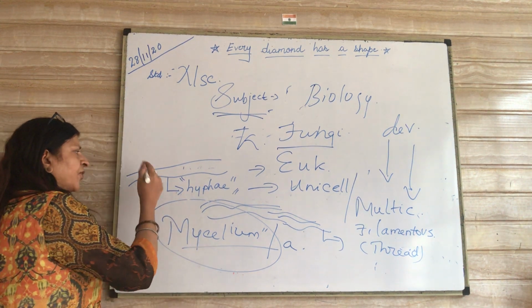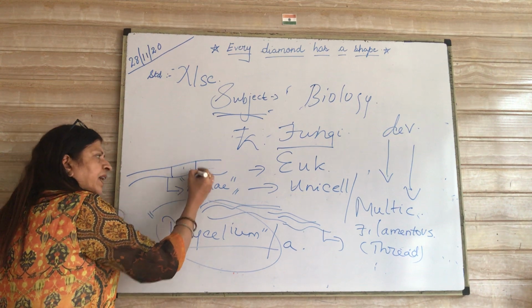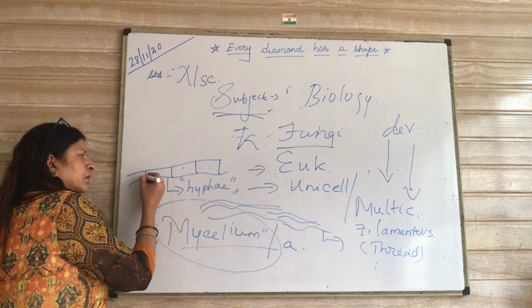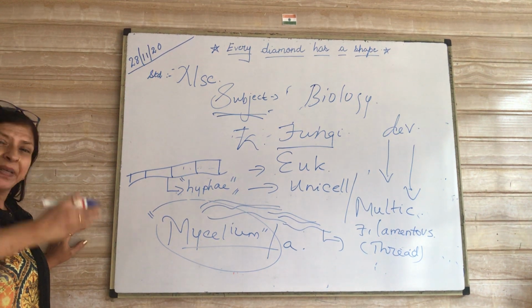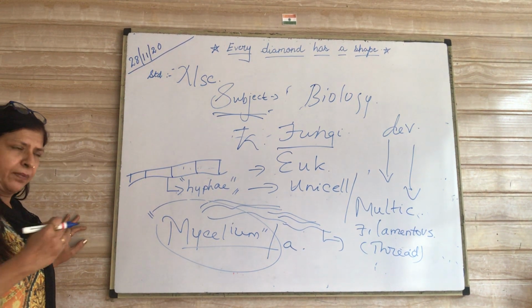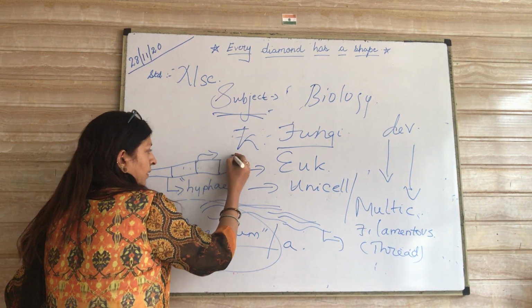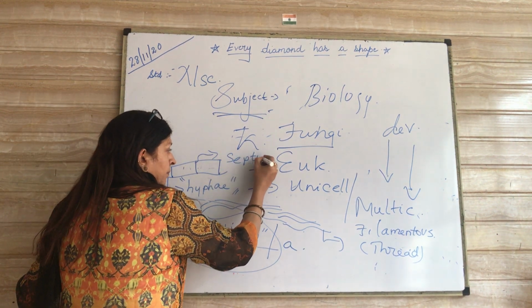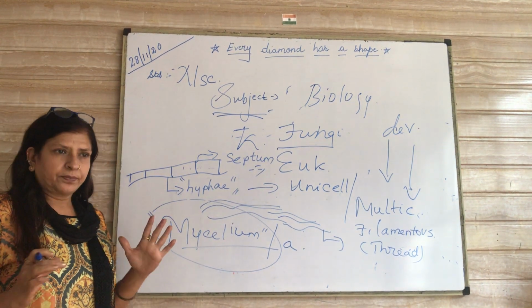If these hyphae have a separating wall, then we call this septum, singular, septa, plural. Anyway, we call it septate.